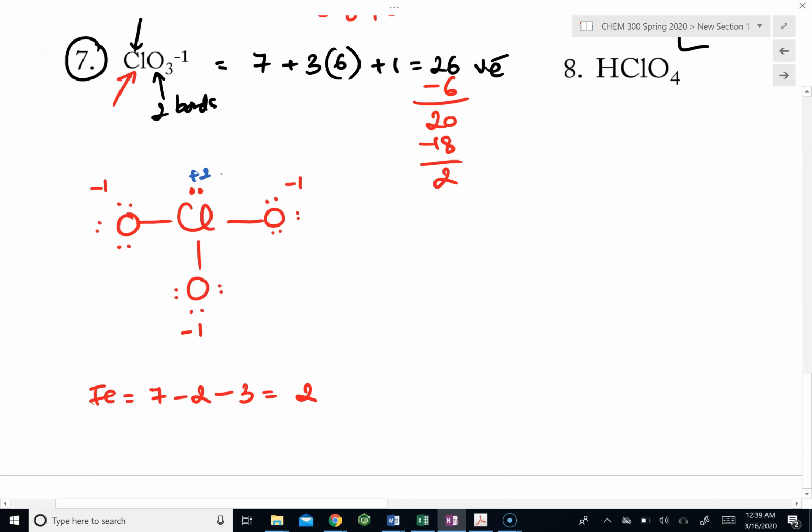That means we need to form 2 double bonds to the chlorine. We can do that by taking one lone pair from this oxygen and another from the oxygen on the far right. That would all be the same thing. Following this, we now have this structure.